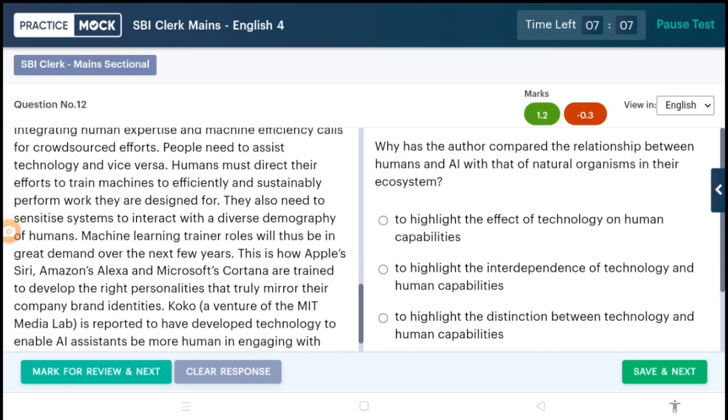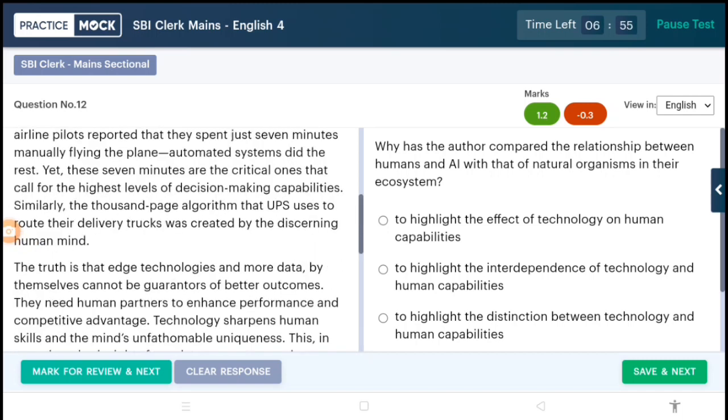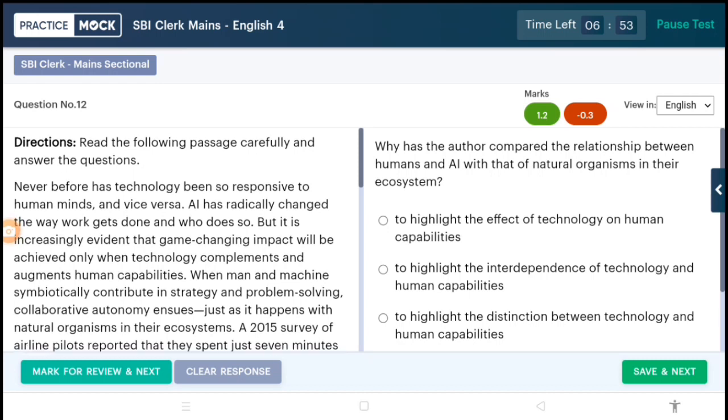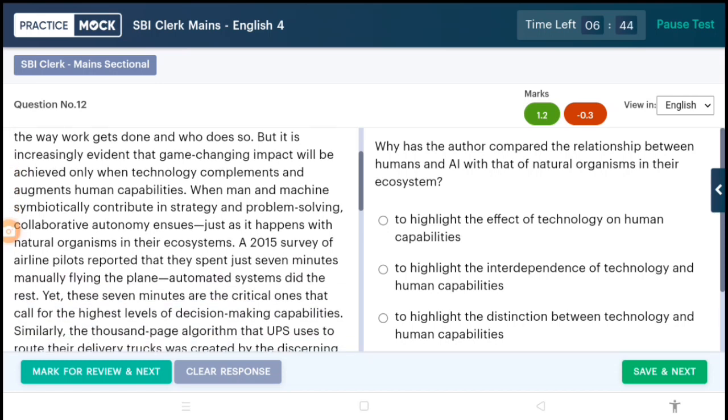Let's direct their efforts to radically change the world. To see and the problem solving.